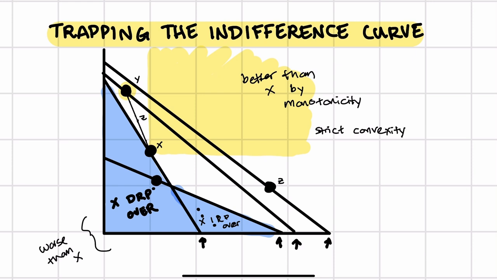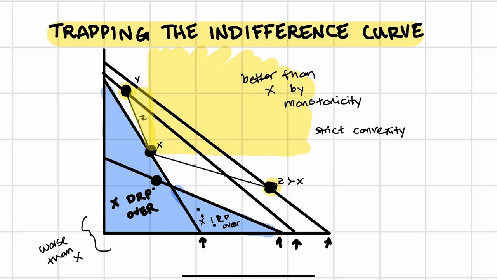And then take the Z over here. We can do the same thing. Because this bundle was chosen while X was available, we know that this is strictly preferred to X. And then by strict convexity, we can show that every bundle in between X and Z is also preferred over X. And so now we can add 2 areas.